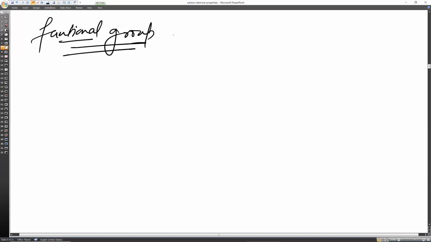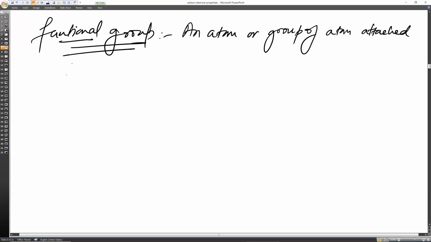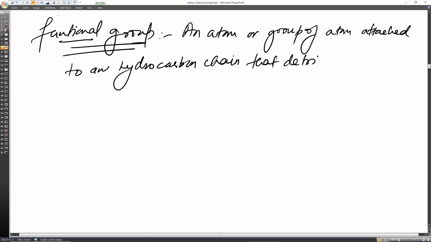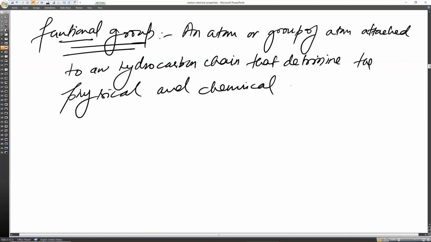A functional group can be an atom or a group of atoms attached to a hydrocarbon chain that determines the physical and chemical properties of the hydrocarbon chain.